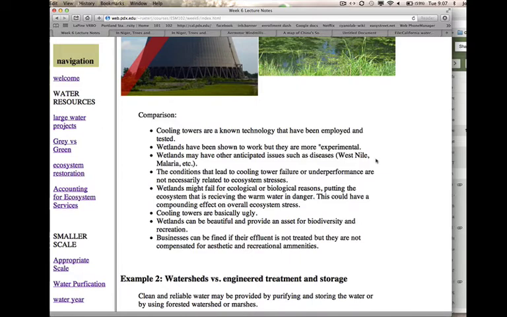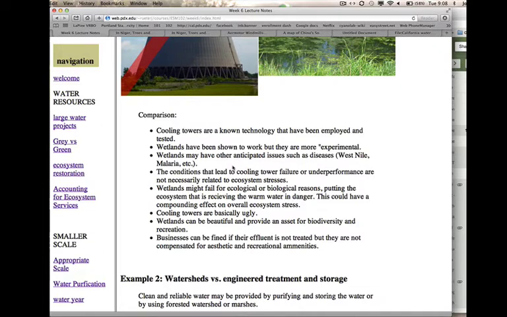Another good thing about cooling towers is that the factors that lead to cooling tower failure or underperformance are relatively unrelated to ecosystem stresses. If you're trying to protect the ecosystem in the river by using another ecosystem, it's likely that there's a connection between those two in overall performance, and the underperformance of a wetland might lead to more stress on the river ecosystem.